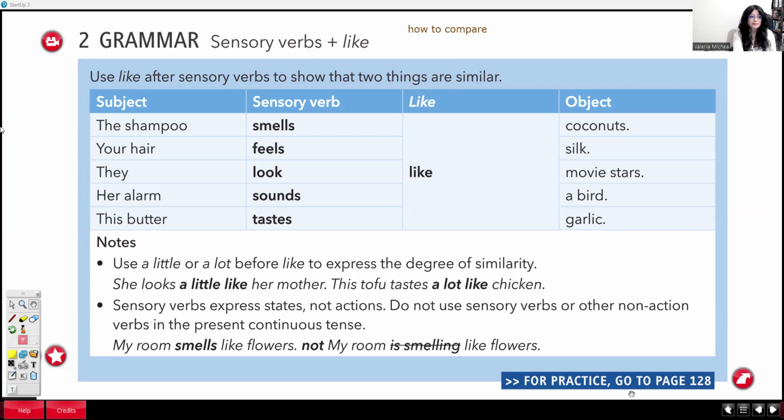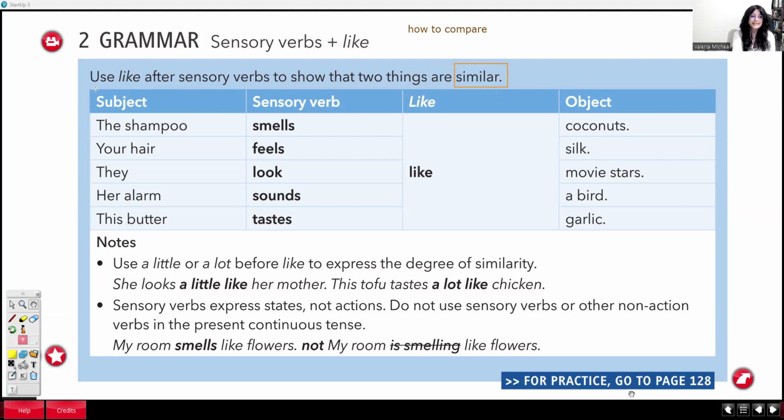For example, in order to compare two things that are similar, that's the deal with this. When you are using sensory verbs to compare, two things need to be very similar. If they are not similar, then it is impossible to compare or to put them at the same level, right? So this is the key here. They have to be similar.